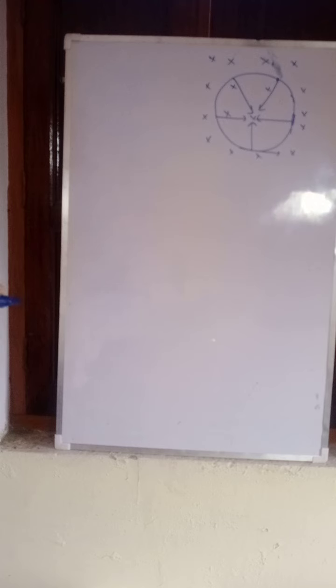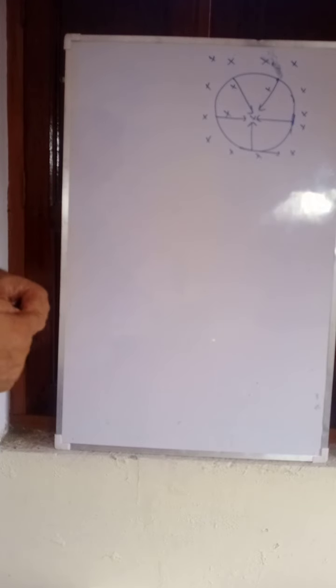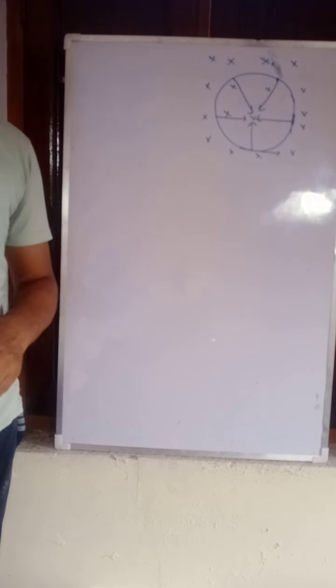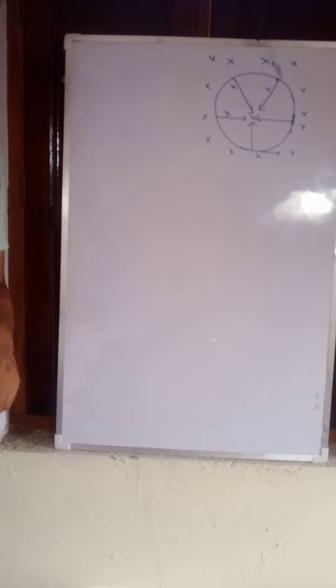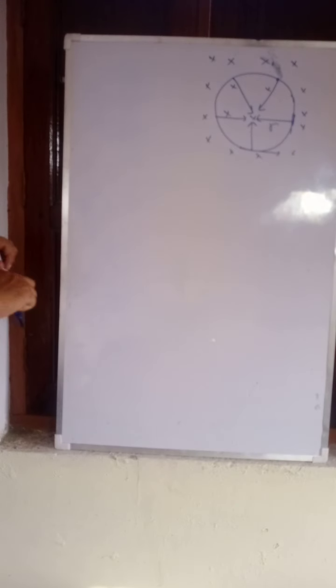We know that when any particle, any body, even not a charged particle, moves in a circular path, it requires a centripetal force. Suppose the radius of this path is r and the mass of the particle is m.